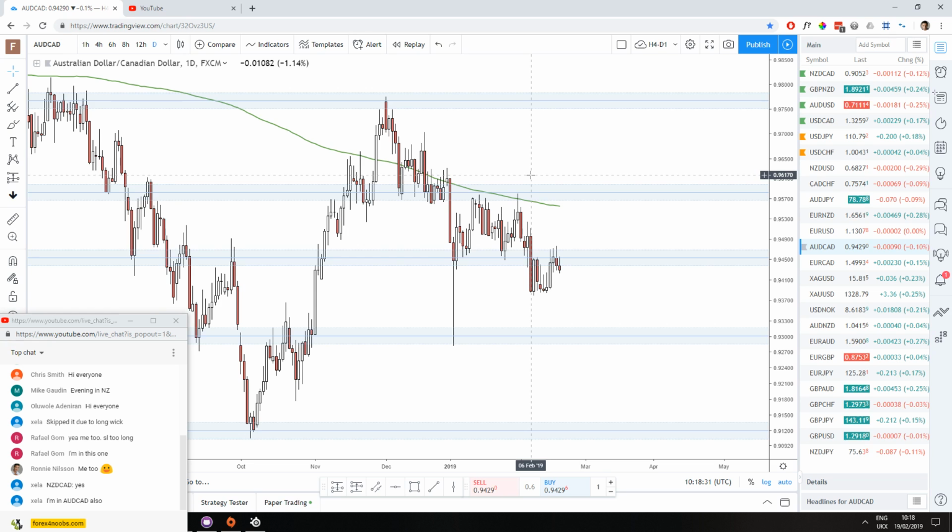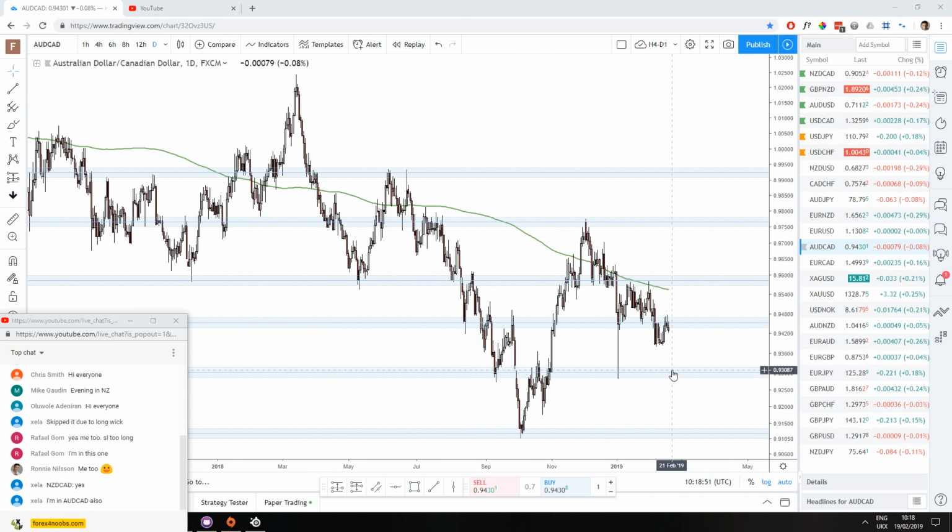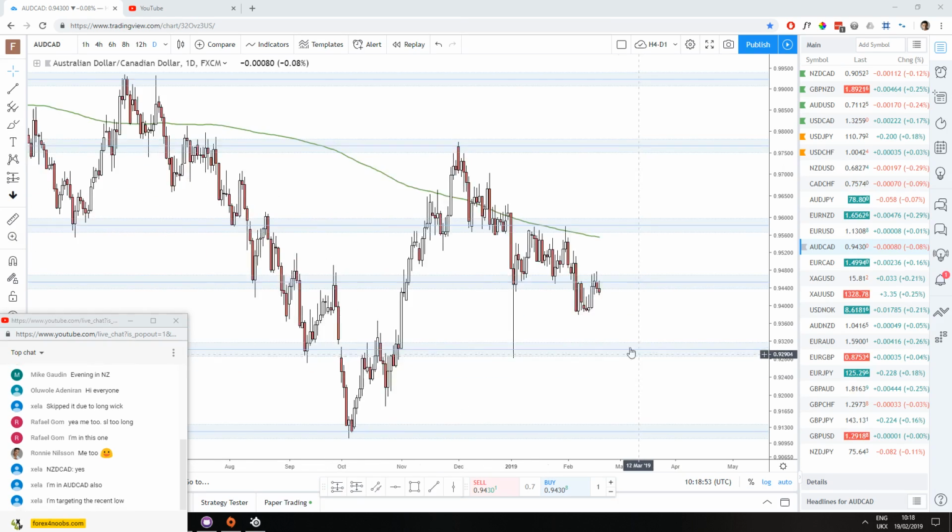It's very messy just because AUD-CAD has been a messy pair lately. It chooses to move sideways more than it chooses to move down. So any short you take here is likely going to go on for a long time before continuing down. But it is in an overall bearish trend. So it is trending down.